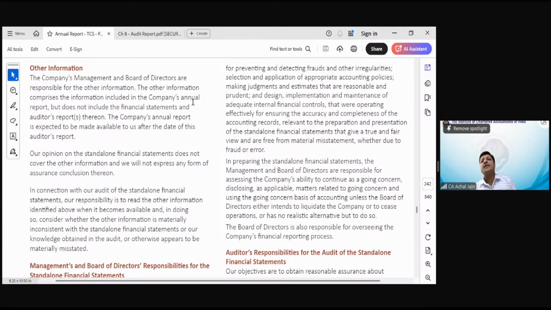No, it's not that it will always be made available after the auditor's report. It depends. Though it's correct that in most cases this is finalized after the auditor's report, generally a draft version of this is available during the course of audit, when the financial statements get finalized and the auditor is about to issue the report.